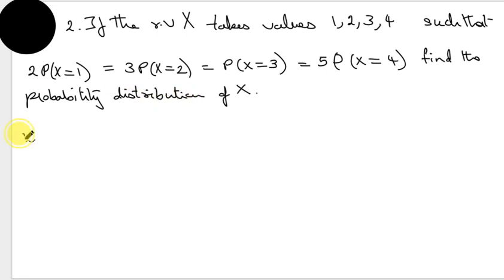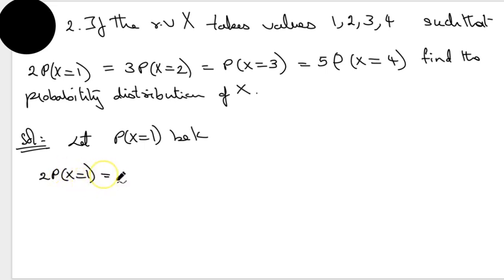Okay, so we can start by giving one probability k and then finding out the relative values. So let me start. Let P of X equal to 1 be k. This is my assumption. Then what happens? I have 2 times P of X equal to 1 equal to 3 times P of X equal to 2.